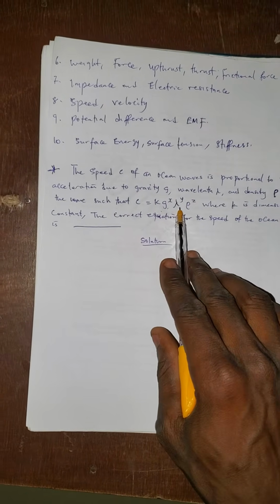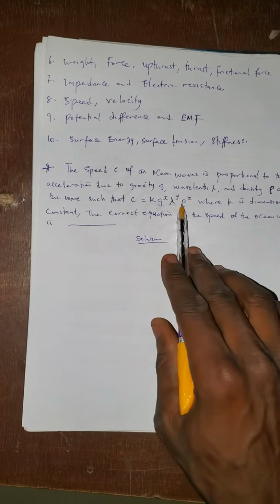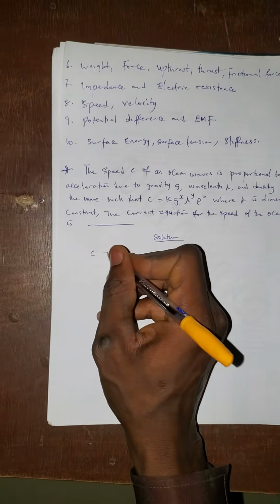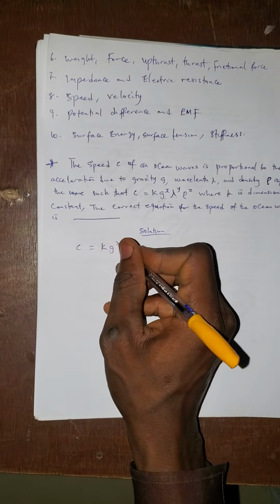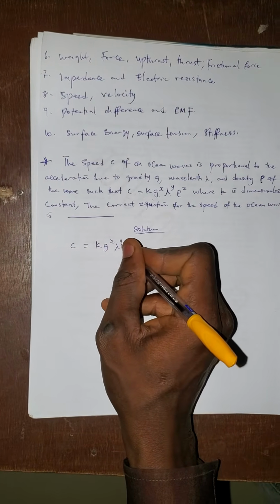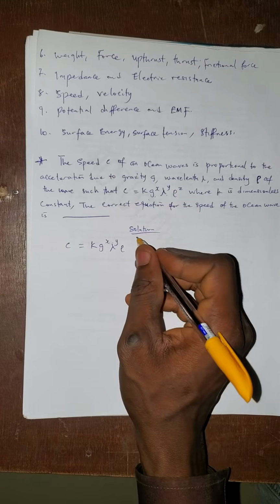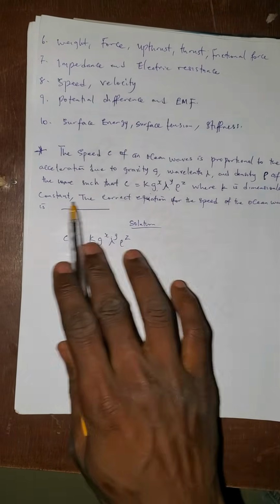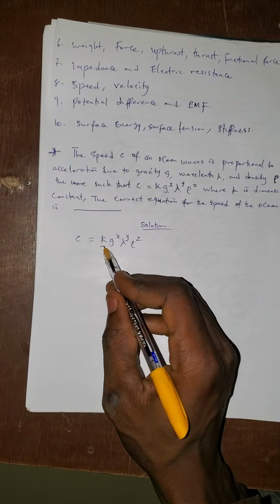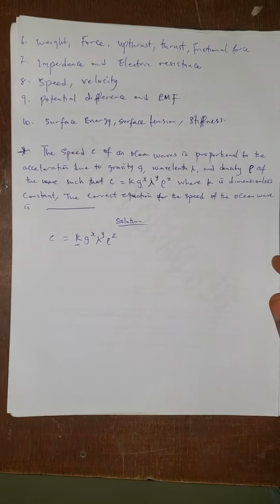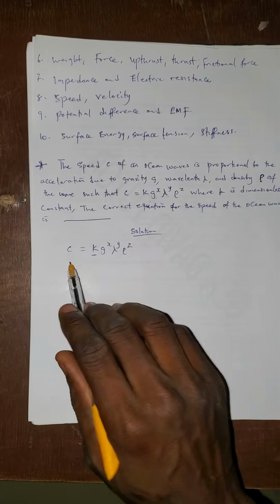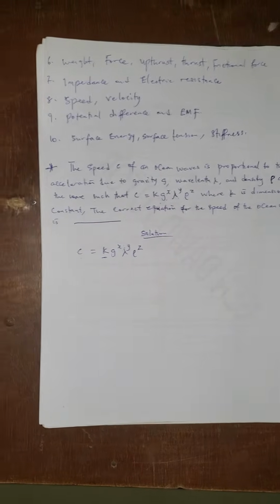Wavelength lambda, and the density of the wave such that c is k g raised power x, the wavelength raised power y, the density raised power z. Where k is dimensionless, so we can remove it for now. Now the correct equation for the speed of the ocean wave, which is this c, is dash.